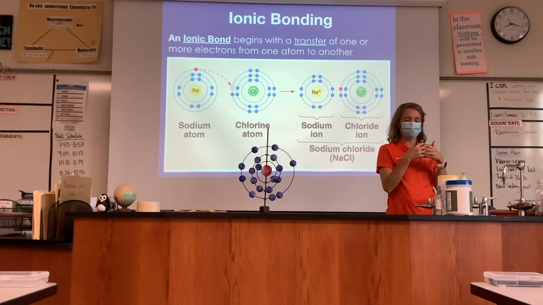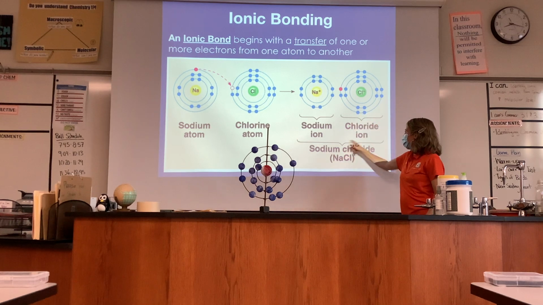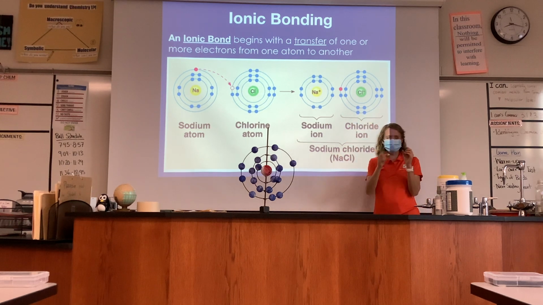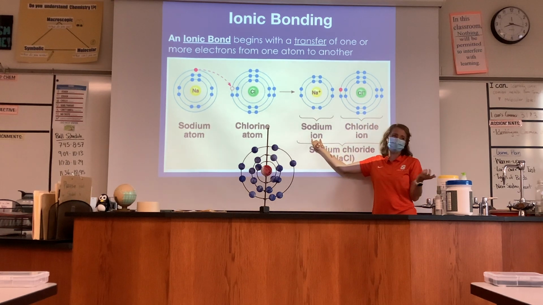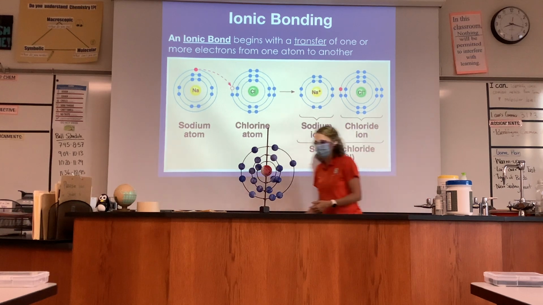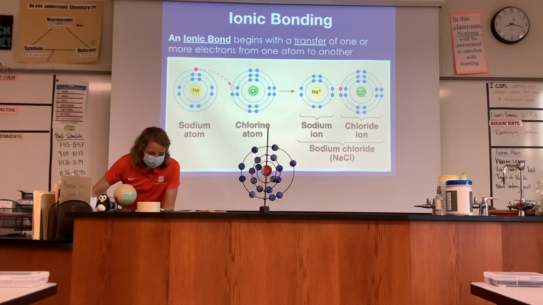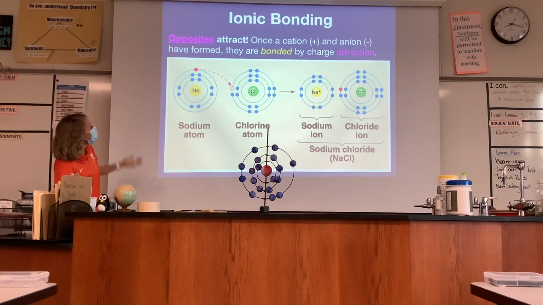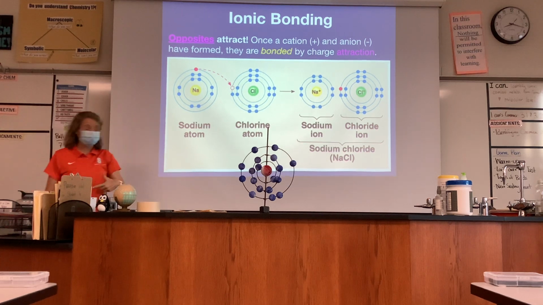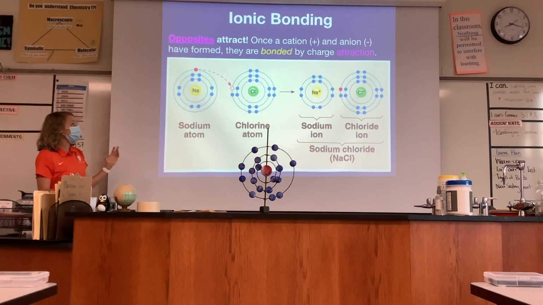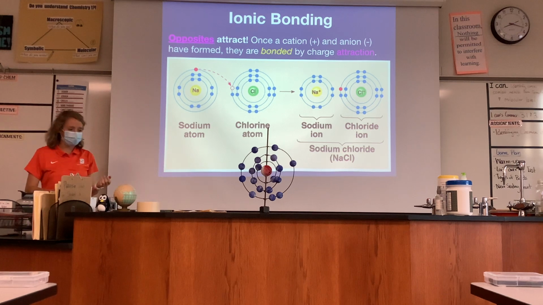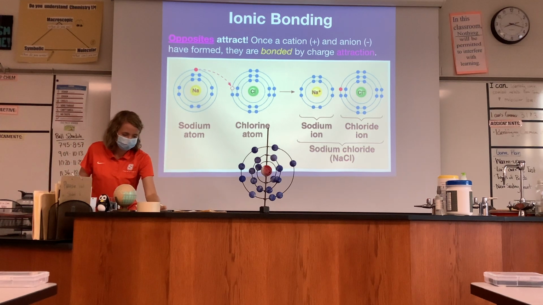That's what holds it together. So that is your ionic bond, hence the name, because it's about ions, positive and negative things. It's all about the idea that opposites attract. The cation and the anion are formed, and then they're bonded together through that attraction.